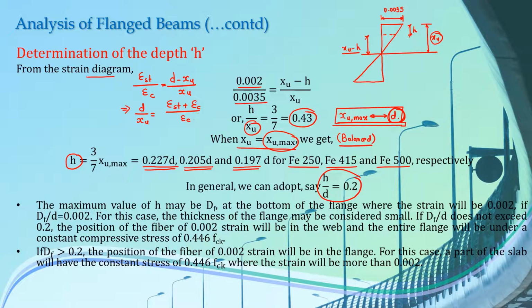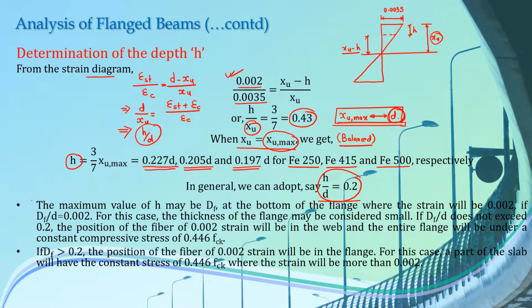Now substitute the values of epsilon st and epsilon c here, and then you can get the value of H by D. So you may adopt this method also, or you may go with the similar triangle method. So we got here finally H by D equals 0.2.